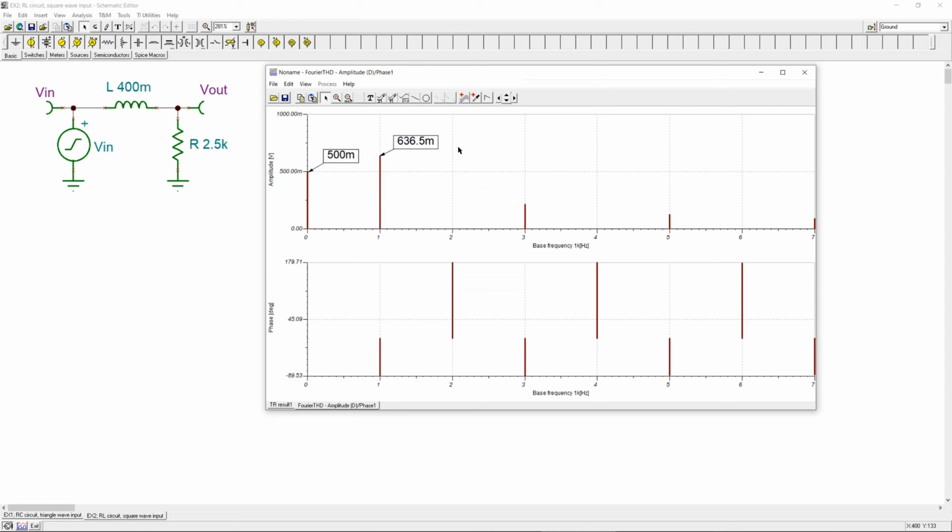So you can see this is all clear. And if I now look at the phase, in this case for the input, it was approximately minus 90 degrees, and you can see that it's correct. So this is the plot where you see the amplitudes and also the phases, and the base frequency is given by 1 kilohertz.